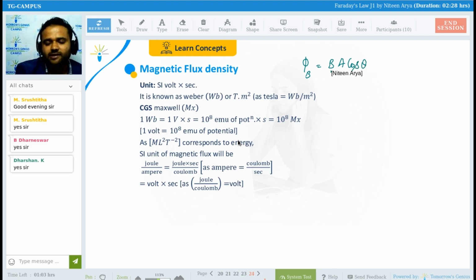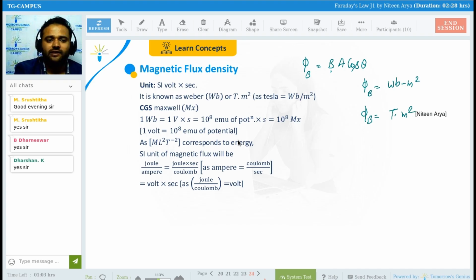B can be in Weber per meter square, where 1 Weber is 1 volt into second in the SI system, or Tesla. So this phi has the unit Weber, or Weber into meter square, sorry, Tesla into meter square.